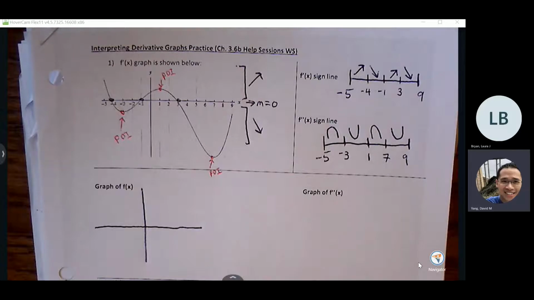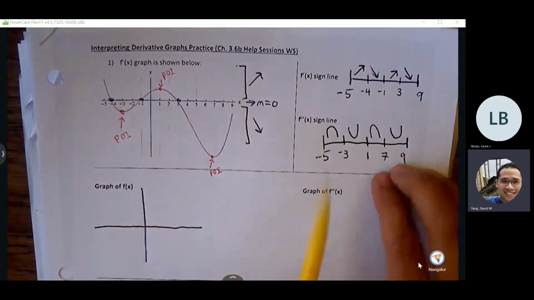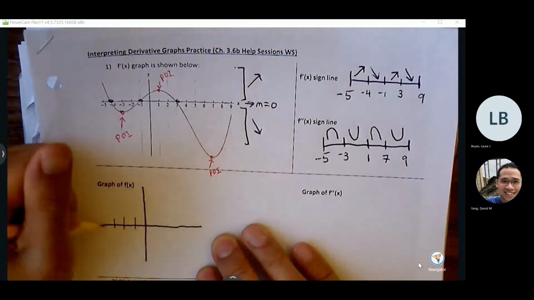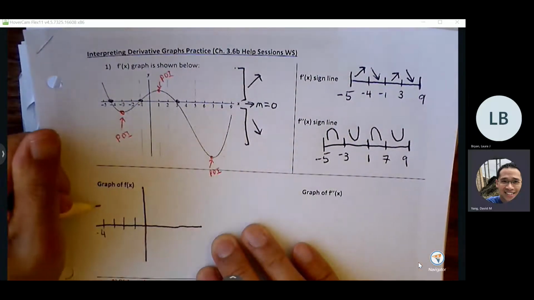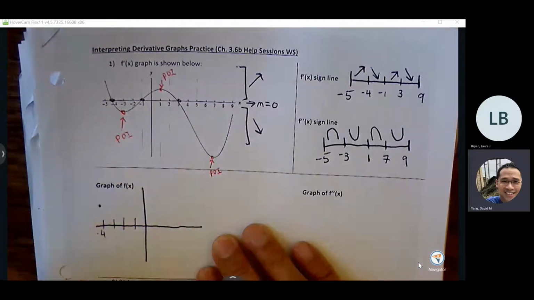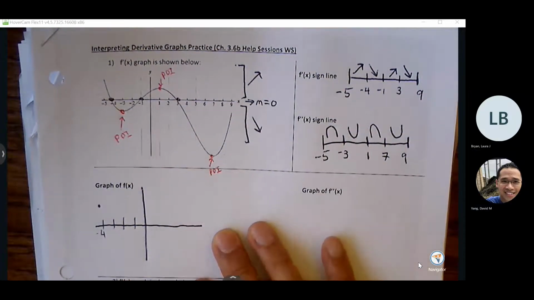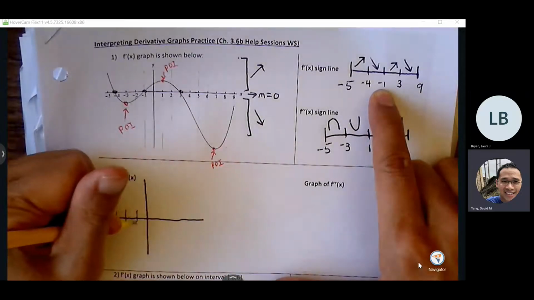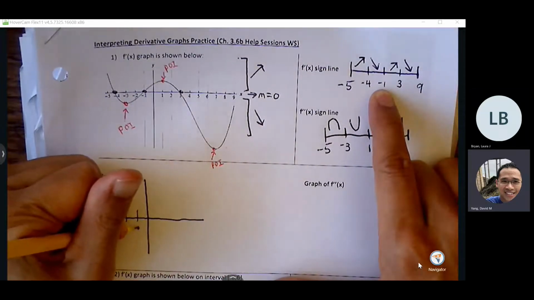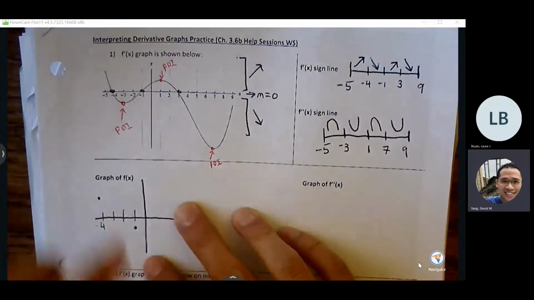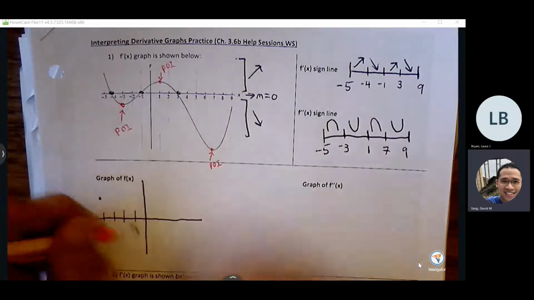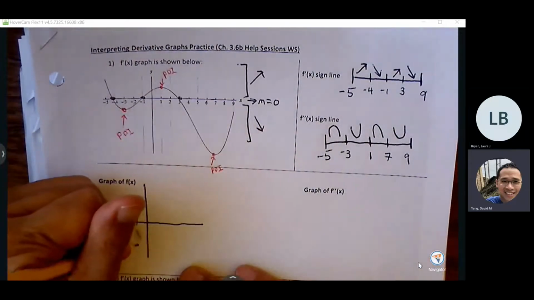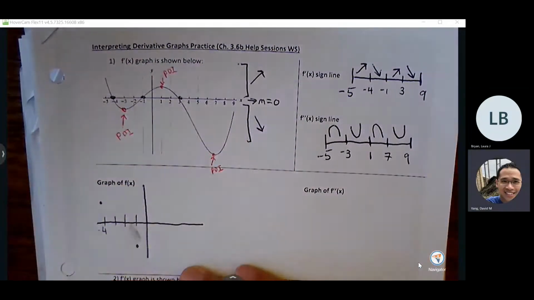So I'm looking at this graph and I'm thinking, okay, I want a relative max at -4, so I'll try to target a point that is a little higher, maybe. At -1, I'm expecting a relative min, so it doesn't really matter where I put it. Maybe I'll pick a point lower. I just want a relative min. It doesn't have to be a certain height or y value.